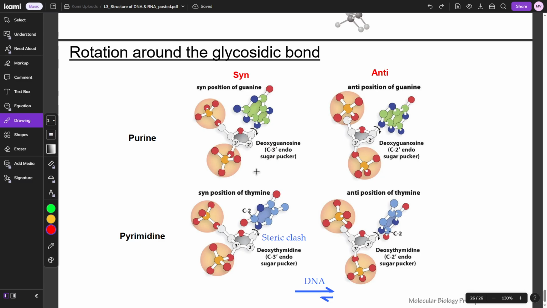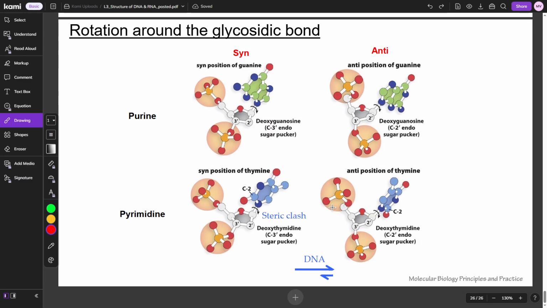On the other hand, pyrimidines have to be in the anti form, because if you put them in the syn form, this C2 O group actually ends up clashing, with charge interactions, with the phosphates and the ribose O. So for pyrimidines, it has to be in the anti form and not the syn form, and for purines, it has to be syn.